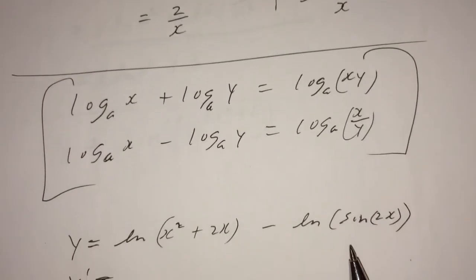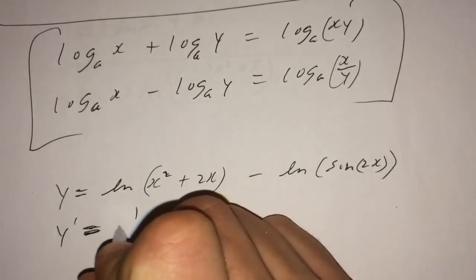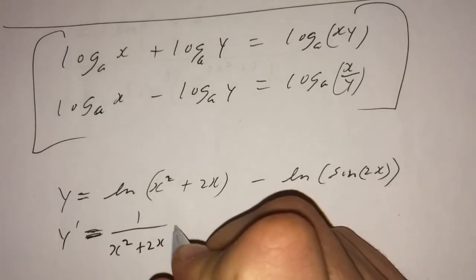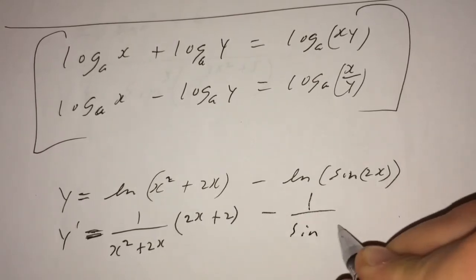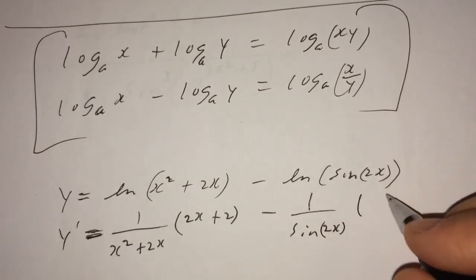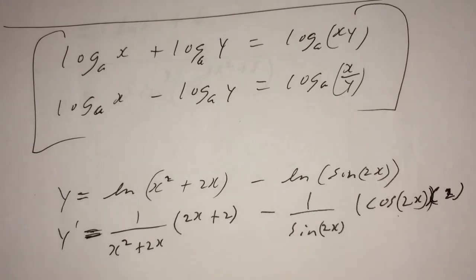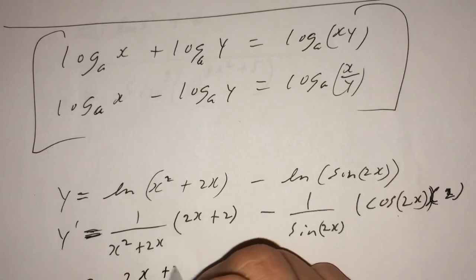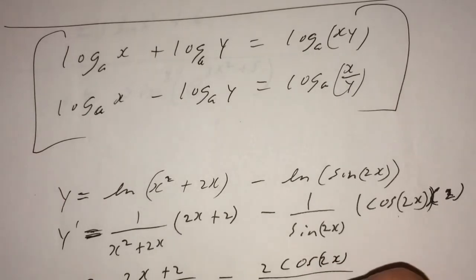Now for something like this, an example, the derivative for this is going to be 1 over this, times the derivative of the inside, which is 2x plus 2, minus 1 over sine 2x times the derivative of the inside, which is going to be cos 2x times 2, and that would simplify to (2x plus 2) over (x squared plus 2x) minus 2 cos 2x over sine 2x.